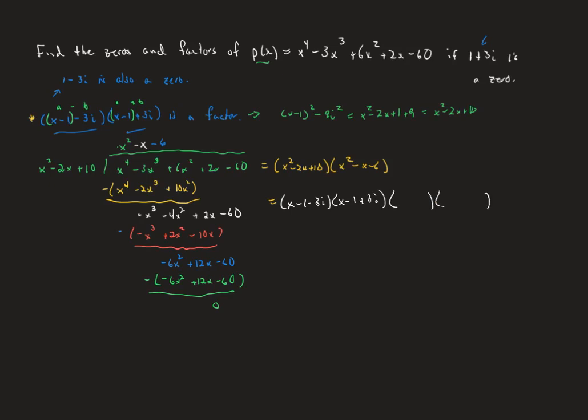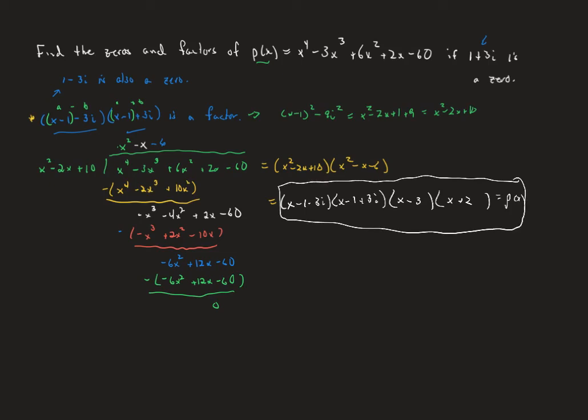We can factor the x squared minus x minus 6 without too much trouble using our box and diamond, or recognizing that's going to be an x minus 3 and an x plus 2. So here is the factorization. I'm just going to say that is our p of x. That's our factorization there.